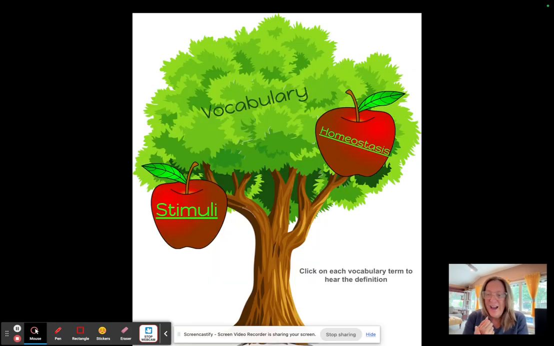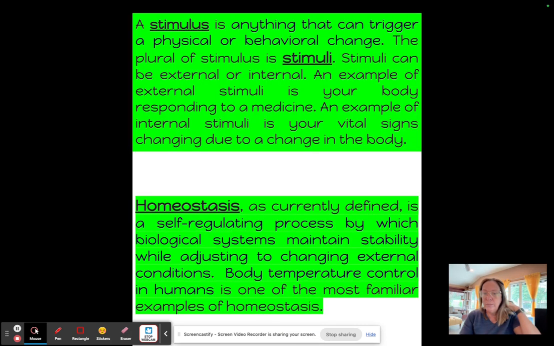Welcome back. I just want to point out to you that if you need more support with your vocab terms, I have provided for you some very brief videos explaining the definition of these terms in a biological sense. And I also put those vocabulary definitions on this slide as well.